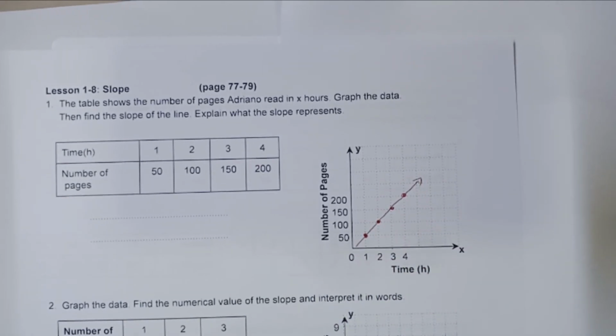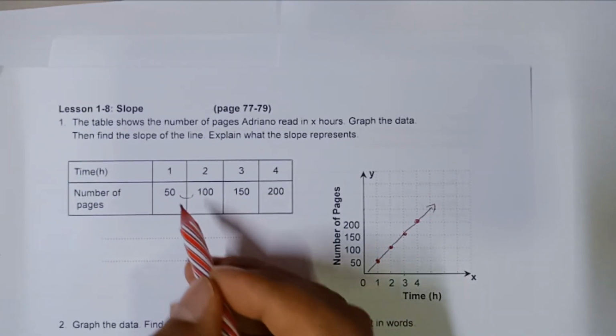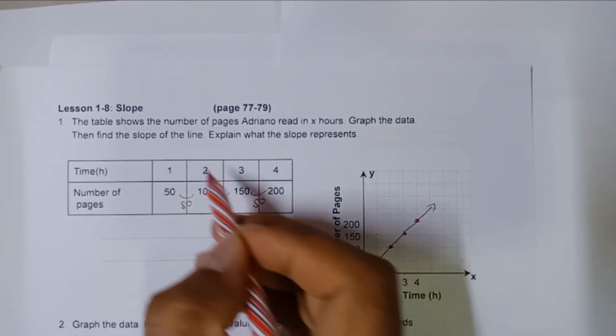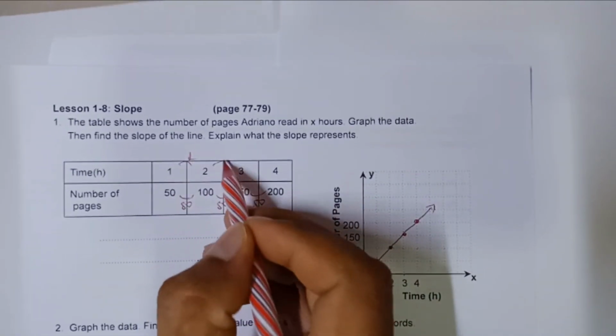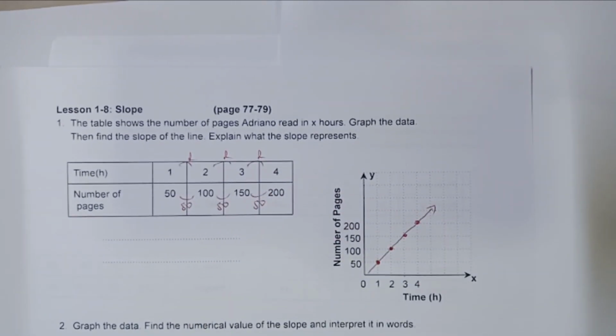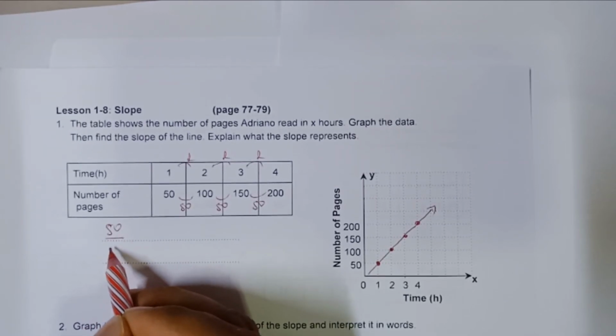Right, that's for graphing. Now find the slope. The difference here is 50, 50, 50, and 1, 1, 1. So your slope will be 50 over 1.